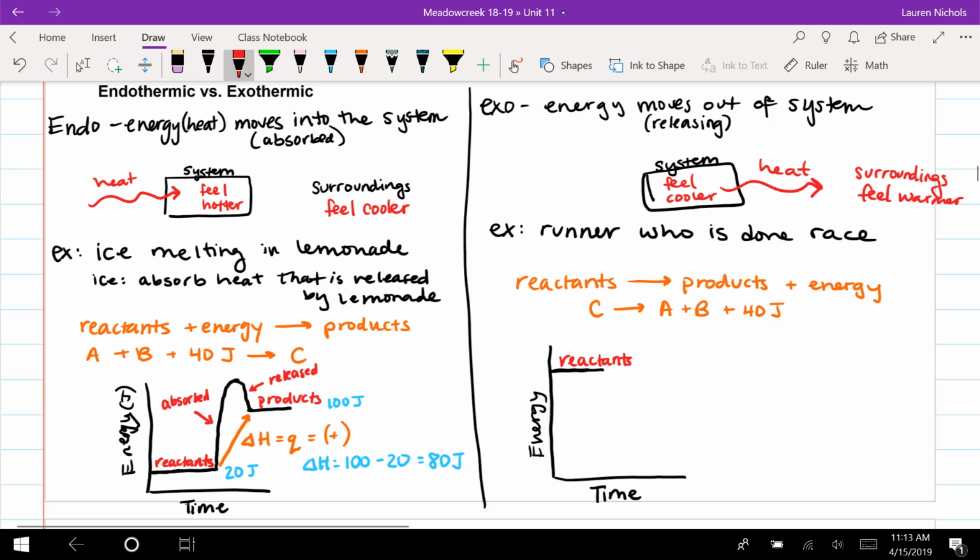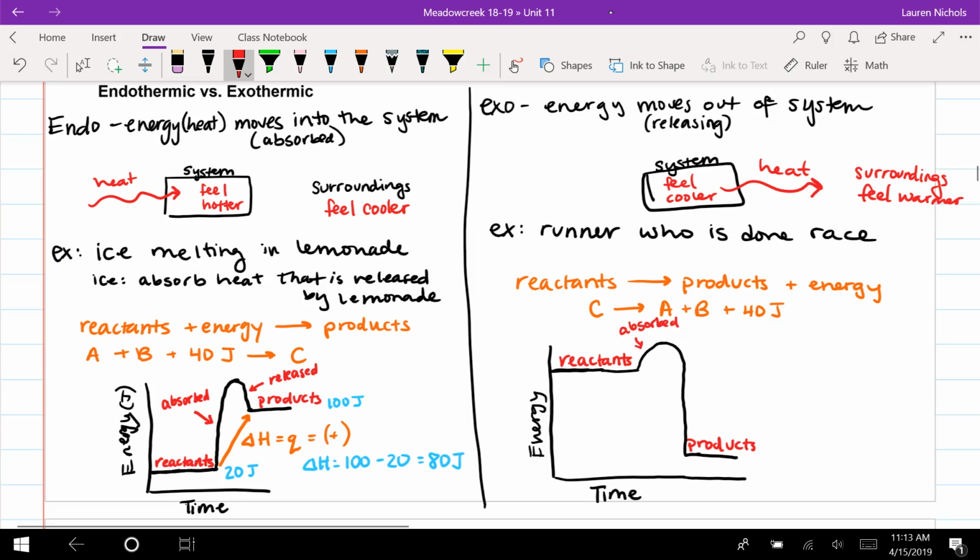So here our reactants are starting off very high, our products are starting out low, and just like our endothermic graph, our exothermic graph will absorb a little bit of energy, but not nearly as much as it releases. You can see that this small increase is when energy is absorbed.